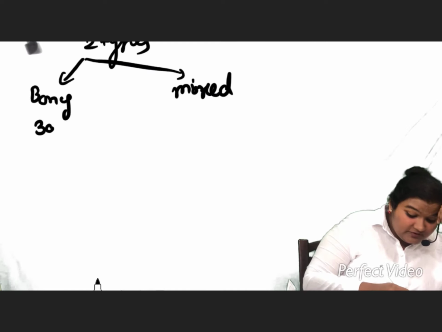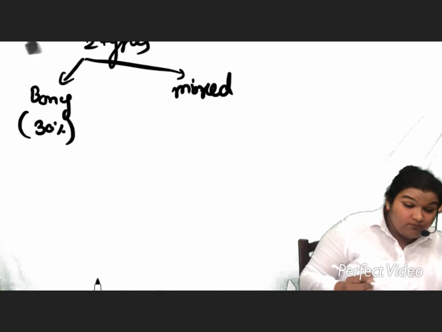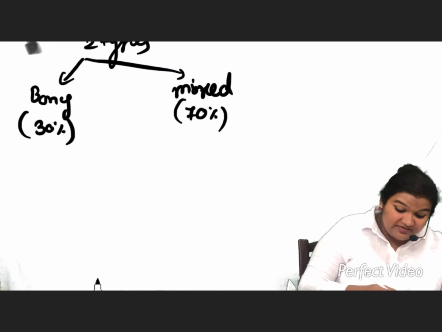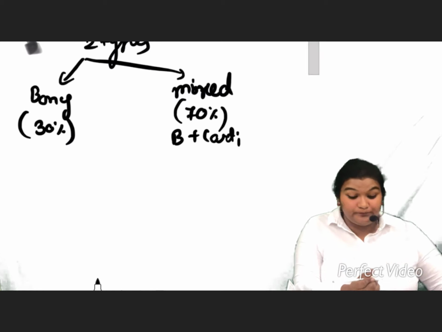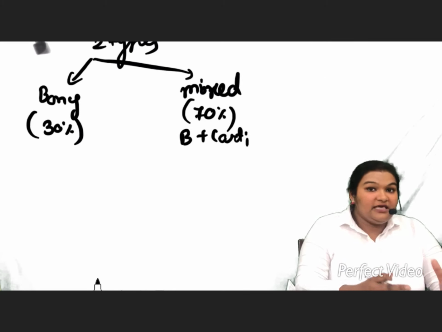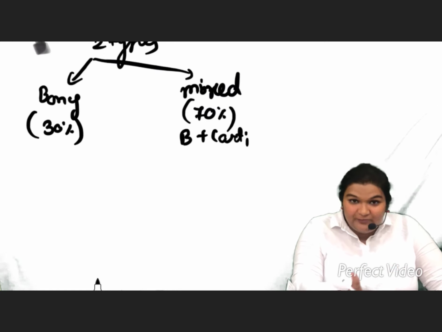One is bony and the other is mixed. 30% of the cases are bony and 70% of cases are mixed. Mixed means bony plus cartilaginous. Okay, this covers the whole of the embryology and the abnormalities that can be present.